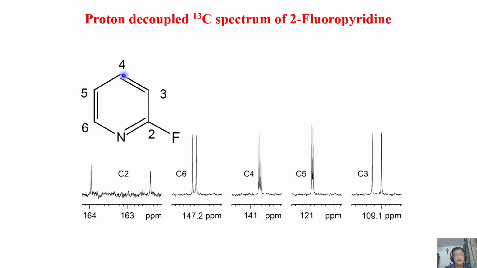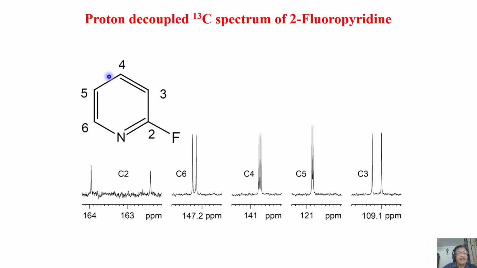Look at this one. This is the carbon spectrum. First, this is carbon 2. In the proton decoupled spectrum, all couplings of the protons attached to these carbons are removed. We are experiencing only fluorine carbon couplings here. So you don't have to worry about protons at all.